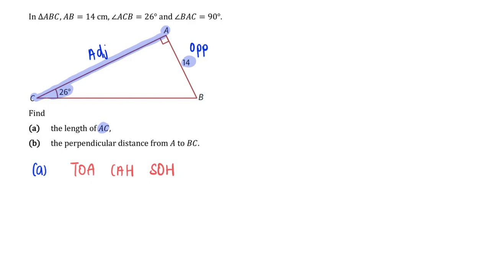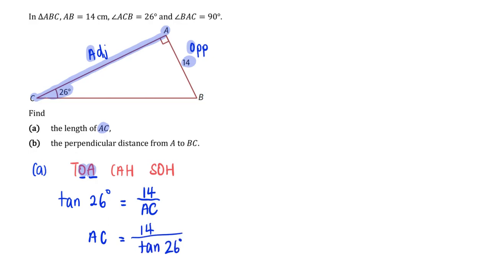Which ratio will help me to solve this question? I've got O, I need to find my A. Yes, I am going to tap on tangent ratio to help me solve. So it will be O, which is 14, over my A, which is the AC length that I'm supposed to find. So from here, I'm going to multiply AC on both sides, as well as divide by tangent 26 on both sides to give me this particular line.